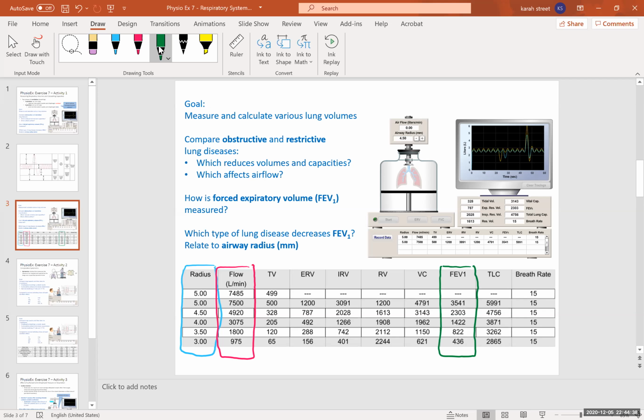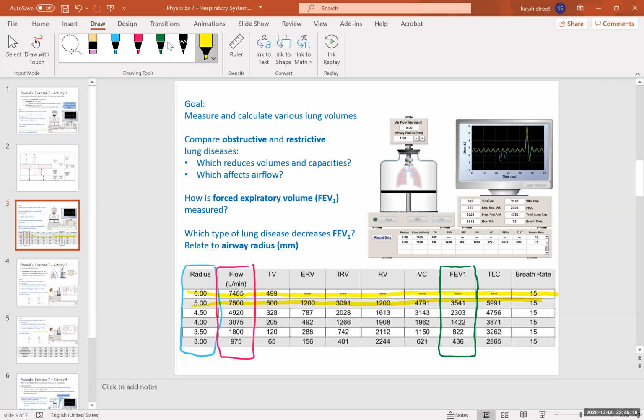If we look at our radius column, we see that our first row is our baseline read. And then in our second experiment, notice that we are now augmenting our baseline read. We're actually seeing how much air is able to be inhaled after a normal inhalation, etc. So both the first and second row are basically our baseline reads.